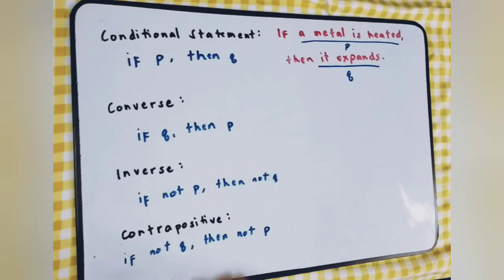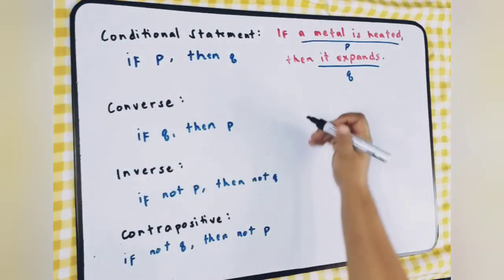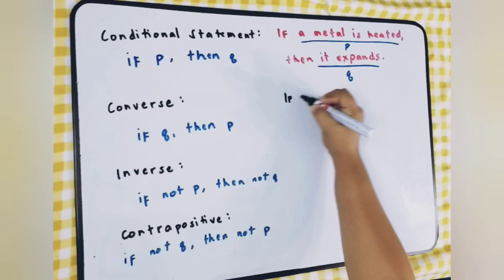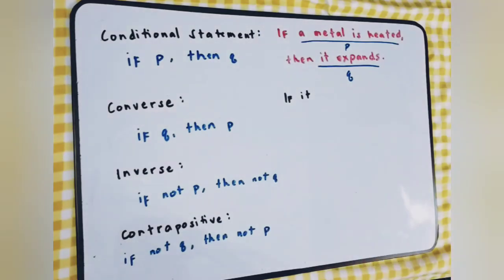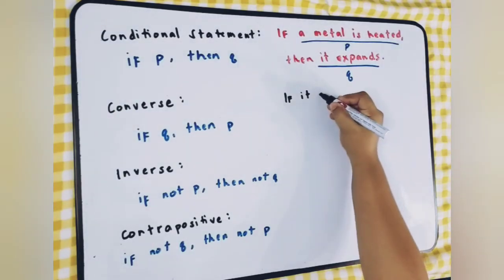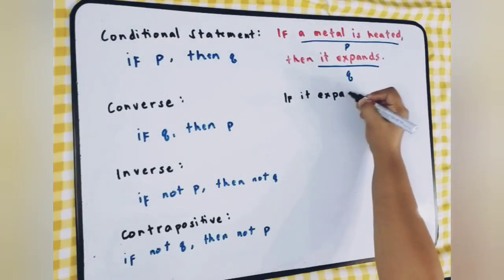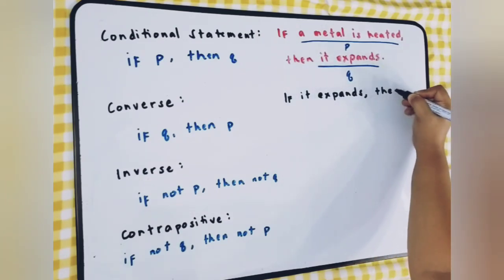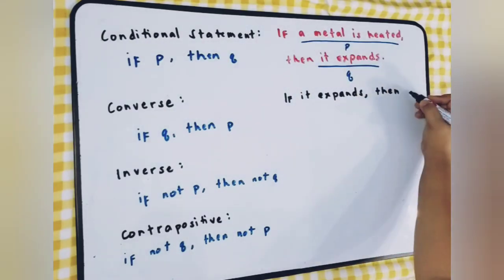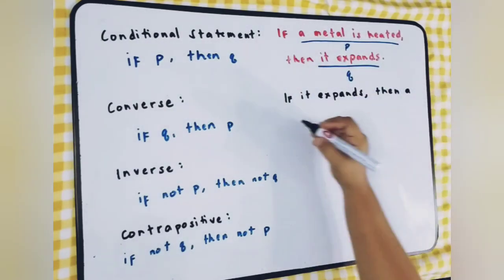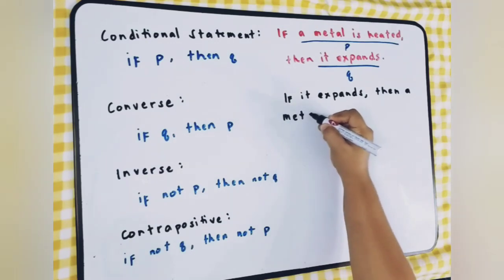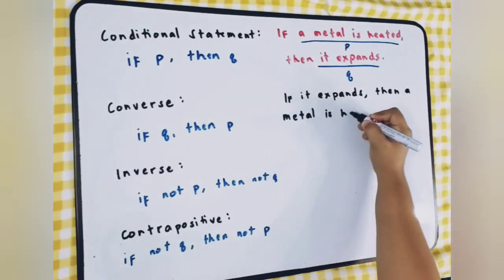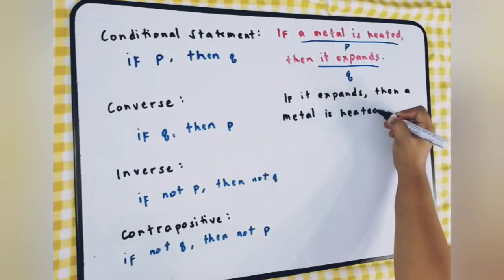So our Q is it expands, so the converse will become: if it expands, then a metal is heated.